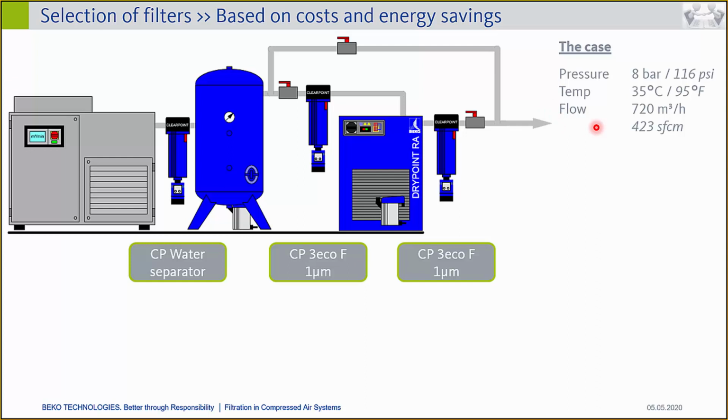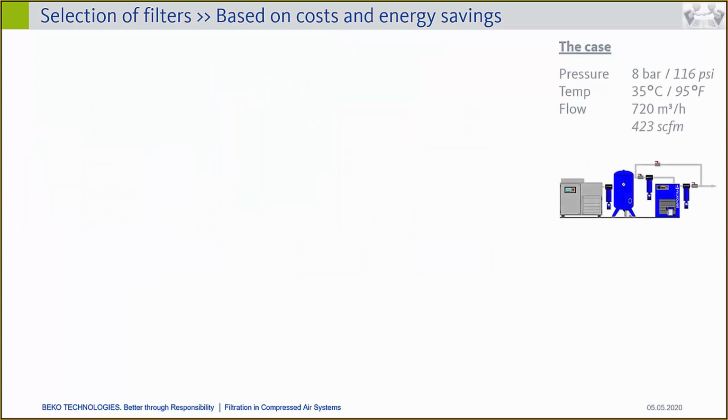So obviously some calculation is required, because the operating pressure is 1 bar above the standard system pressure of 7 bar. That means with the current system pressure, we need to calculate the original given normal volume flow.